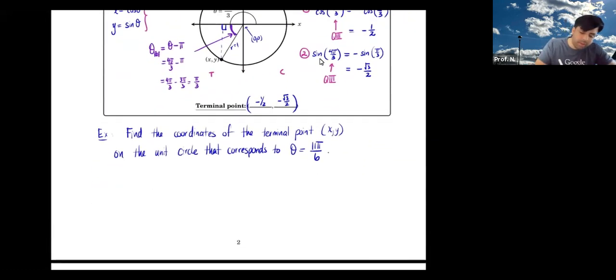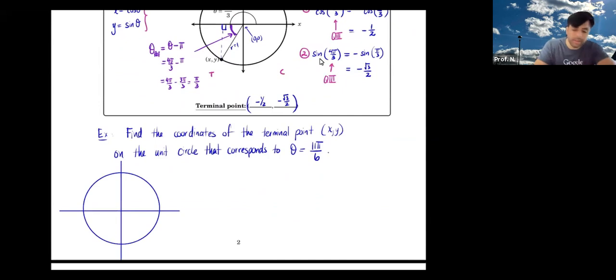So drawing the unit circle is very helpful, just to give you a visualization of what's happening. So I got my y value, got my x value. So I have my unit circle and my radius is 1, and my angle associated with the point is 11 pi over 6. 11 pi over 6 is equivalent to saying 330 degrees.